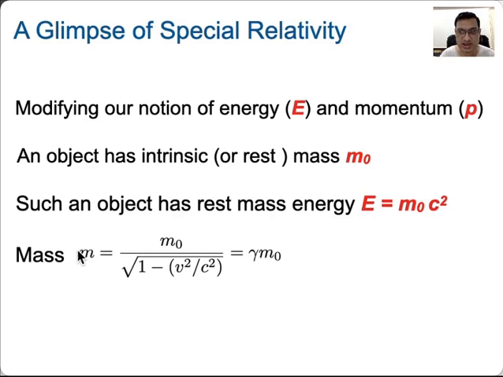Now if the mass is in motion with velocity v, then the relation between the rest mass and the actual mass is that m is equal to m0, the rest mass, divided by the square root of 1 minus v square over c square, and this quantity 1 over the square root of 1 minus v square over c square we write as gamma.